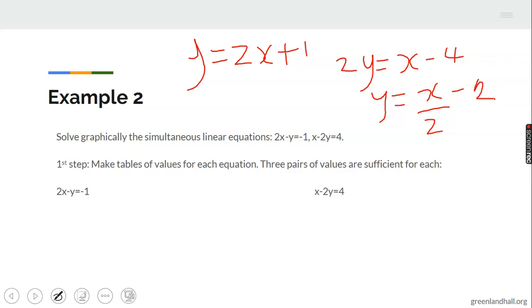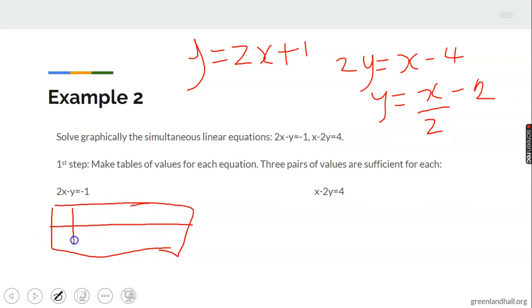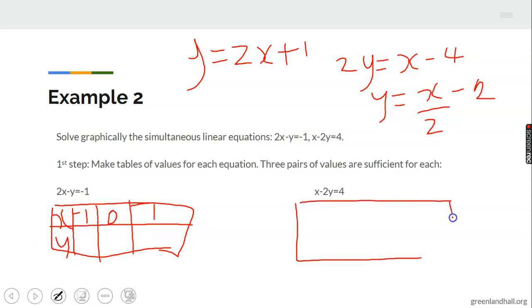Now, I will advise that you use this table. Very simple. Use the table for x, this is y: minus 1, 0, 1. Then use the same thing for this. Please don't change your tables of values. It must be the same for both equations. So you must use the same thing: minus 1, 0, 1.